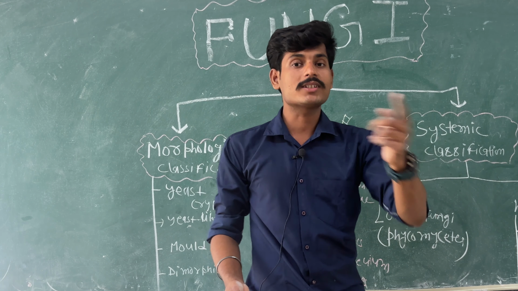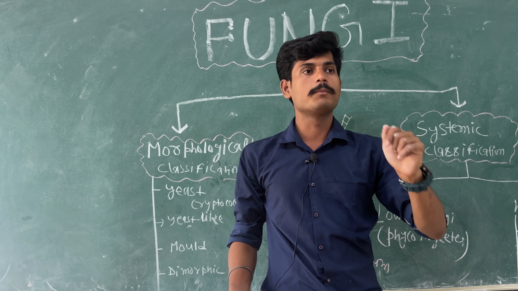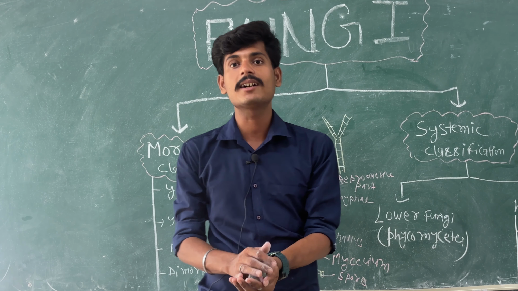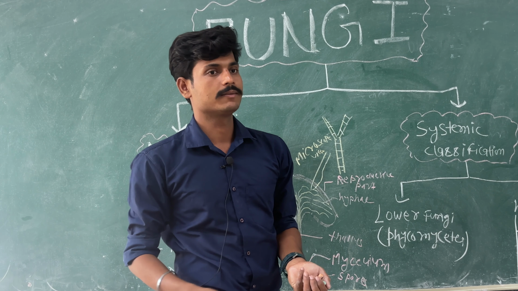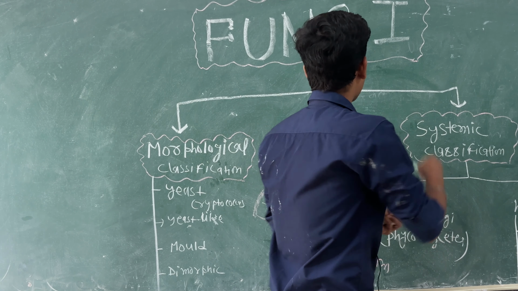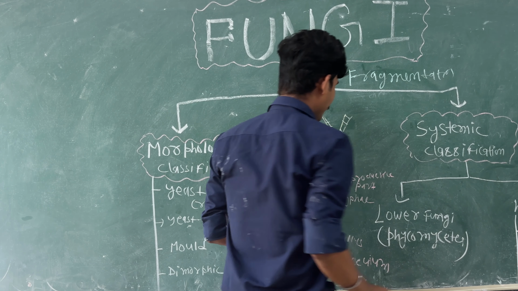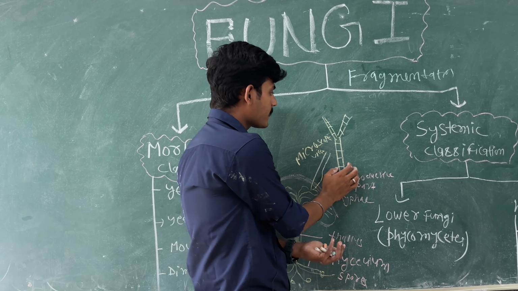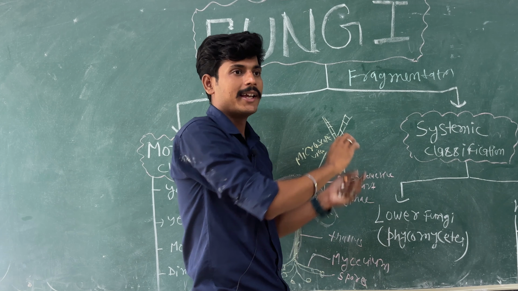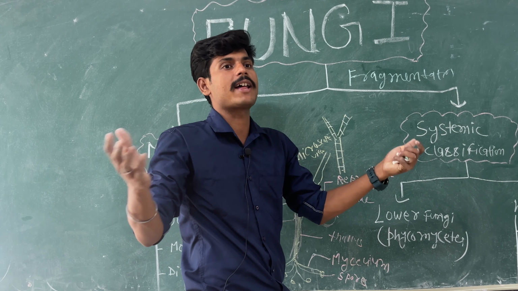Now the other thing to write down in the asexual mode of reproduction in fungi is fragmentation. What happens is that once the fungus grows, it will break into many fragments.